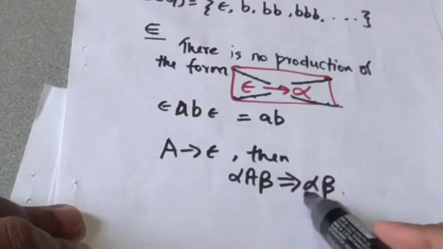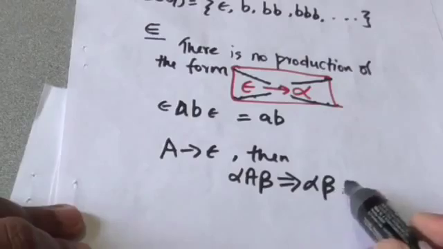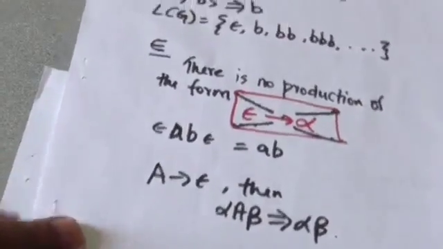So what will we get? We get alpha beta. A will disappear from the string.